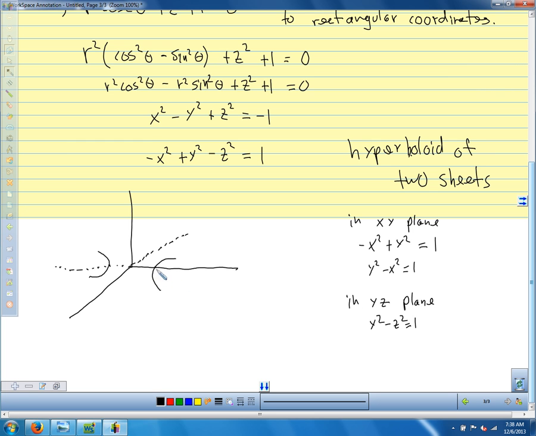So I get this hyperbola, and I'll put this one in red, so it goes up above and down below, up above and down below.